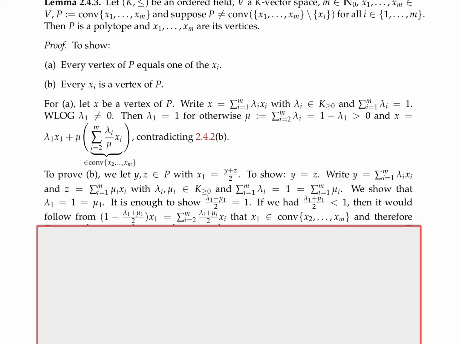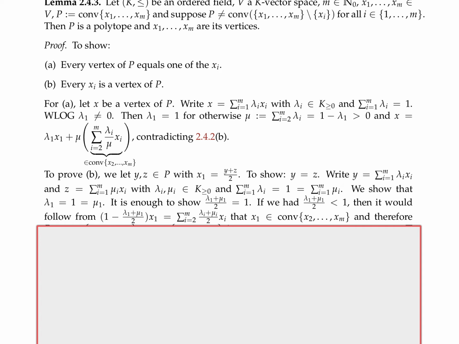And I would get a convex combination on the right-hand side, because all these coefficients are non-negative, since I divided just by a positive element from my ordered field K, and the sum of the coefficients is 1, because the sum of these things is exactly this, which follows from this.